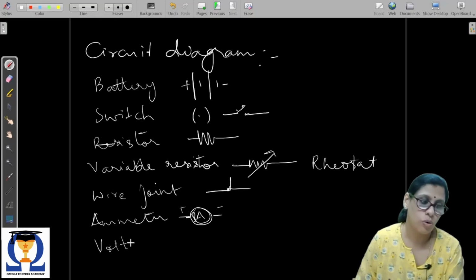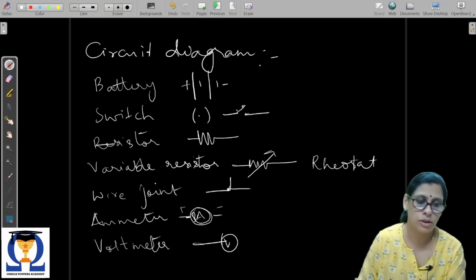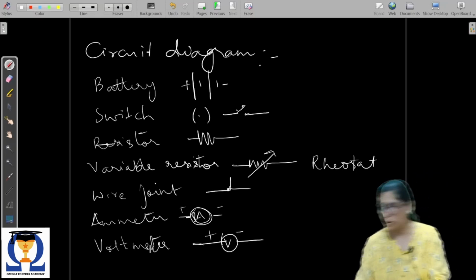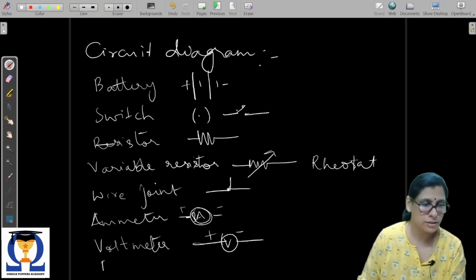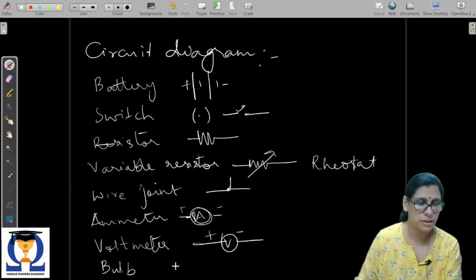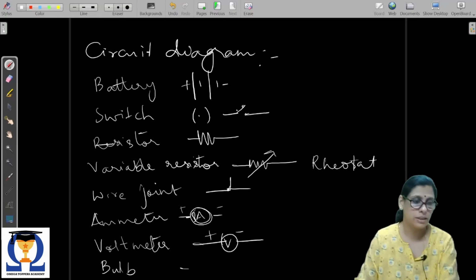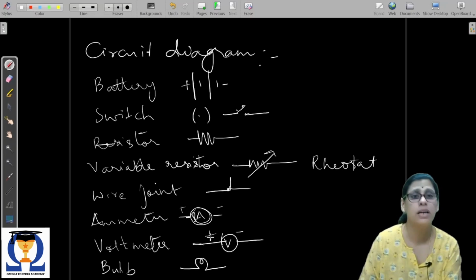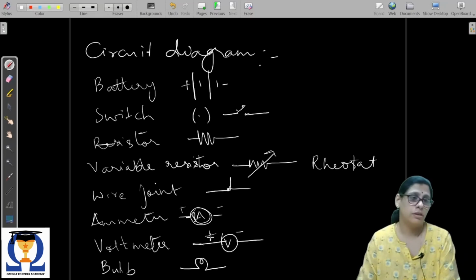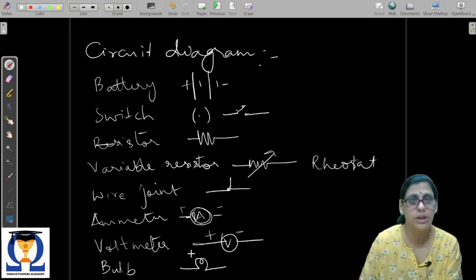Then there is the voltmeter, which is denoted by the symbol V, and this is used to measure the voltage in a circuit. Then one of the very common components are the appliances that they connect in an electric circuit, which is the bulb. So these are the few electric symbols which we need to remember.